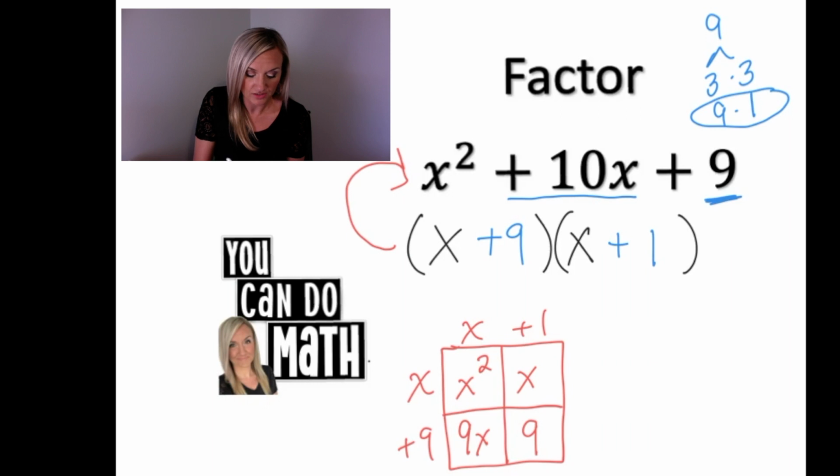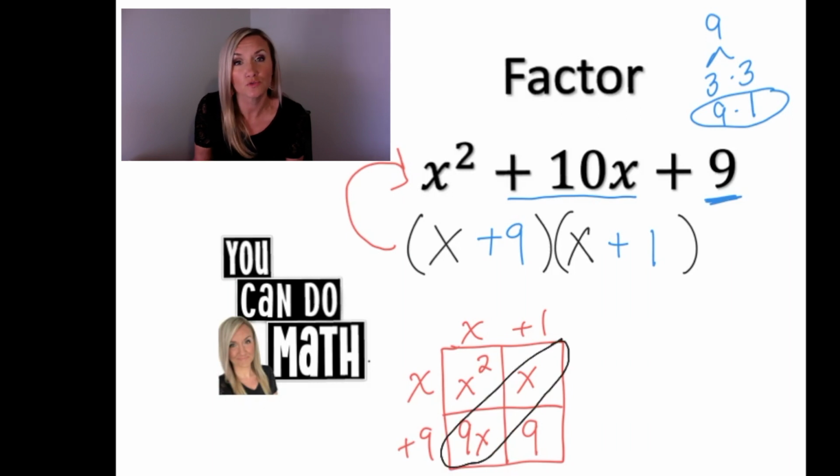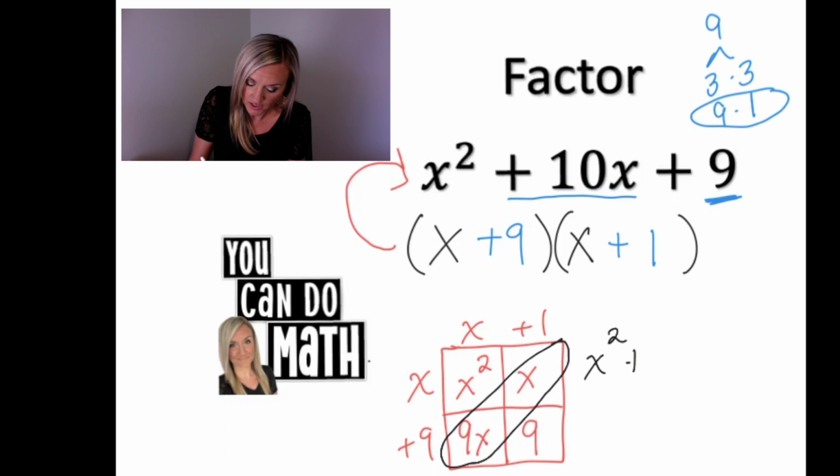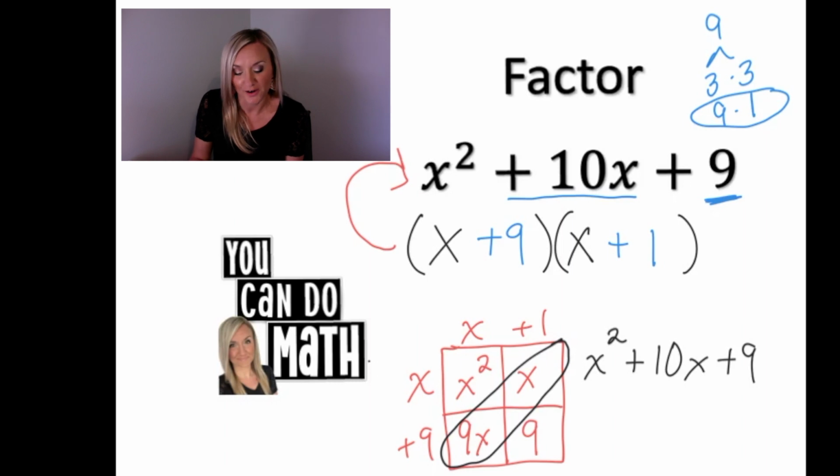Then you'll definitely want to see if there are any terms that you can combine. You do have like terms here. So we can say x squared plus 9x plus x is 10x plus that 9. And indeed, our factored form did work out because we got back to our original standard form.